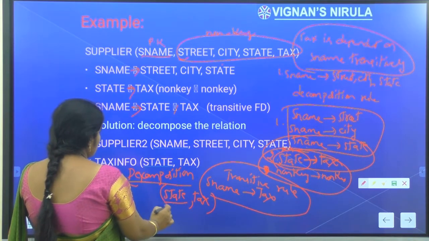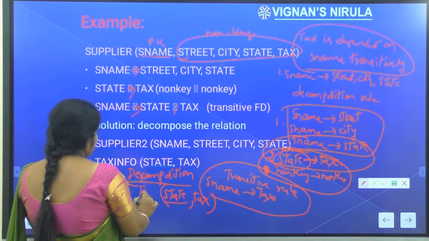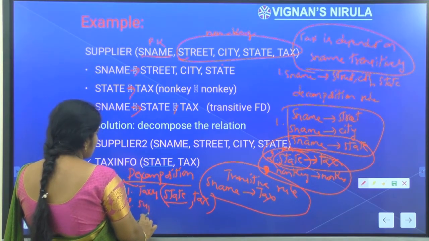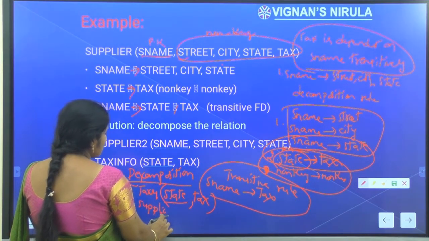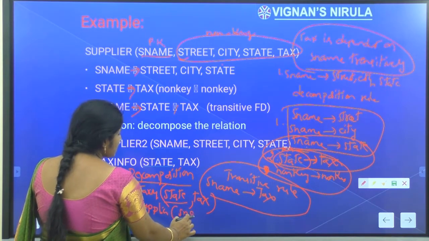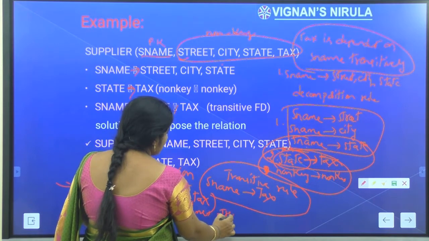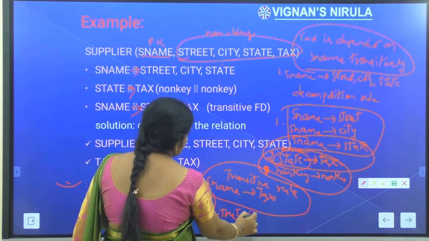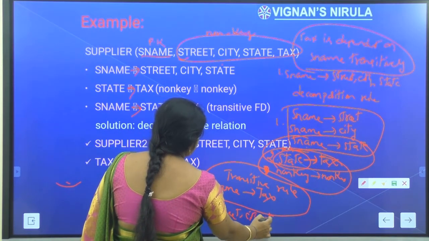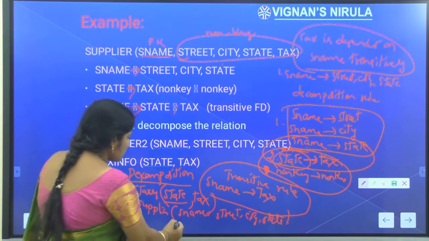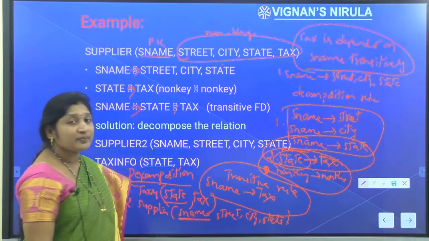Okay? So this is the first table and within the second table I can have all the additional information, that is S name, street, city, state. In which I can make S name the primary key.